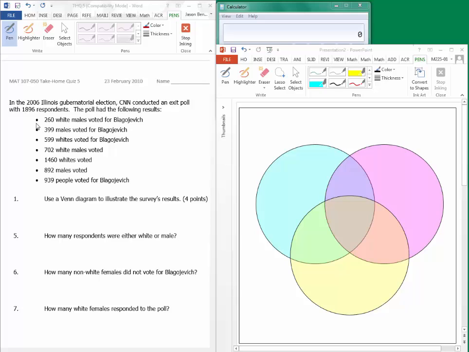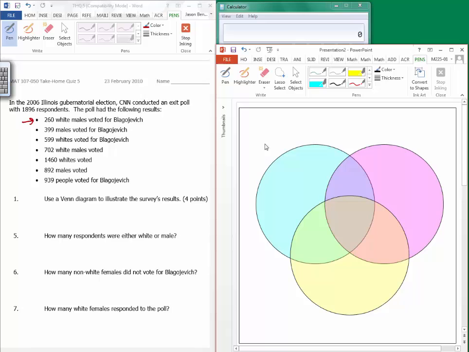I always want to work from the inside out. Here's the innermost piece of information, the 260 white males who voted for Blagojevich. That's the intersection of all the sets.